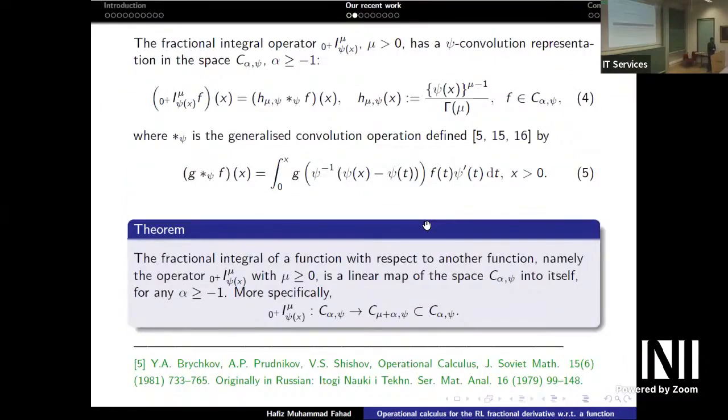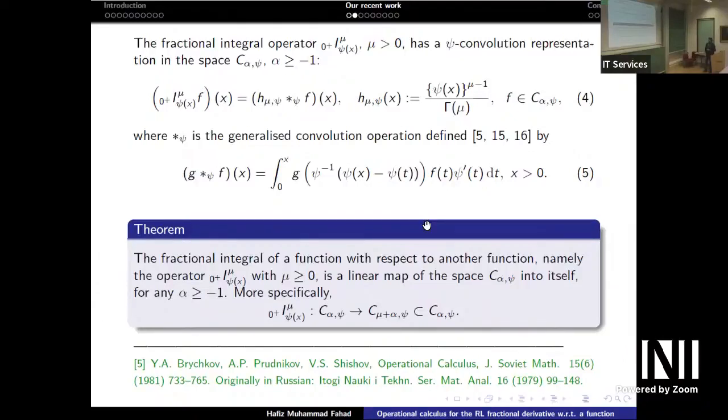Okay, now let's go to step number 2. Let's try to express the fractional integral with respect to functions as a ring element. So for this, we have this relation which says the fractional integral of f with order mu greater than 0 with respect to function psi is equal to this convolution, this generalized convolution, where this h mu psi is equal to psi of x to the power mu minus 1 divided by gamma of mu.